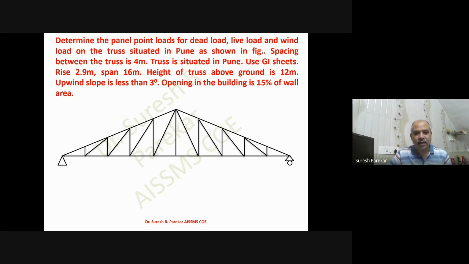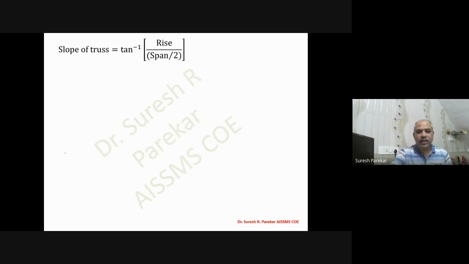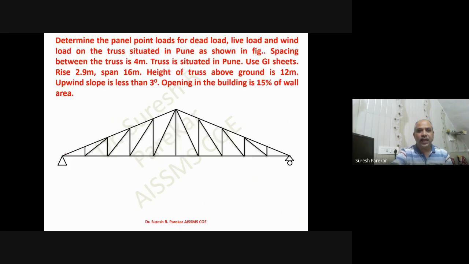So you can see this: we have 8 meter, and then we have this as 8.51 meters, and then we have the spacing of truss, that is 4 meter, and we considered this total inclined area. We calculated one side and then multiplied by 2 to consider both. In the case of plan area, we considered this total, that is 8, and then we doubled it, that will be 16.